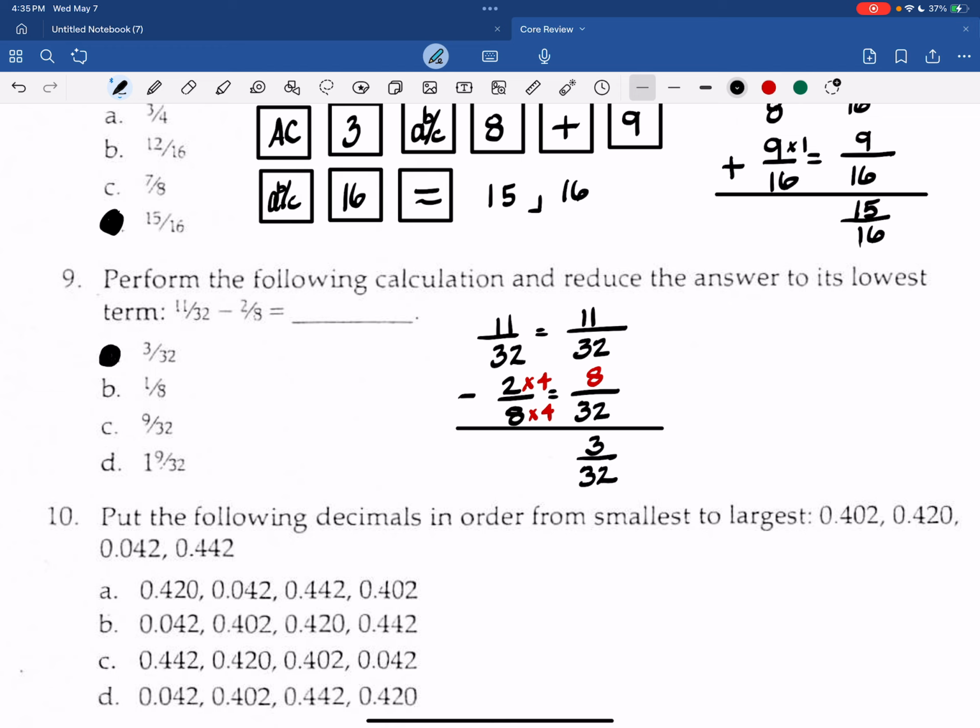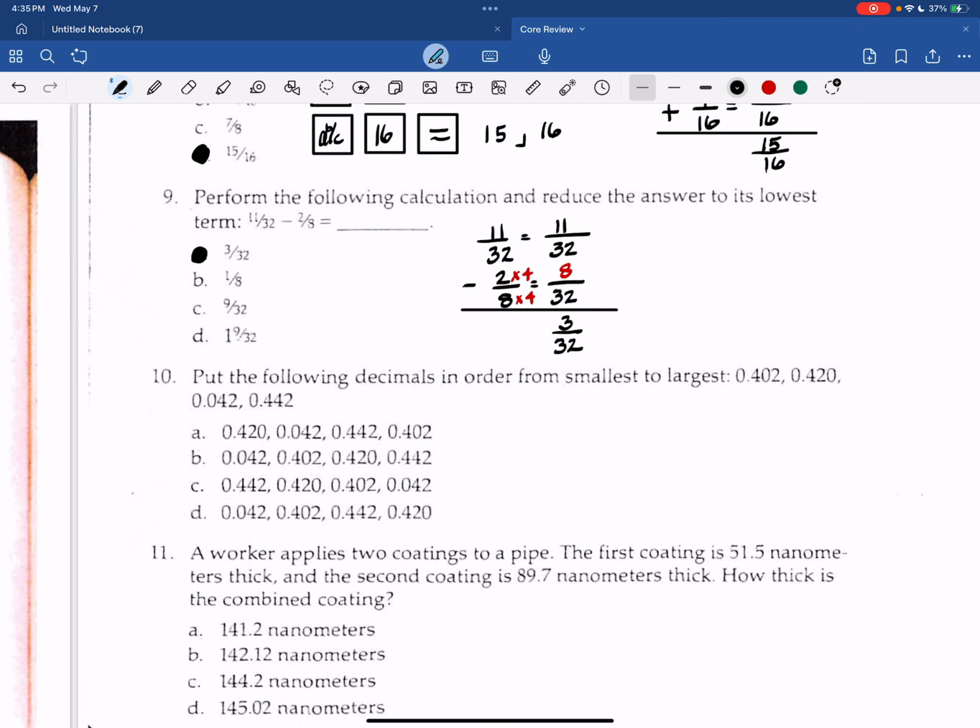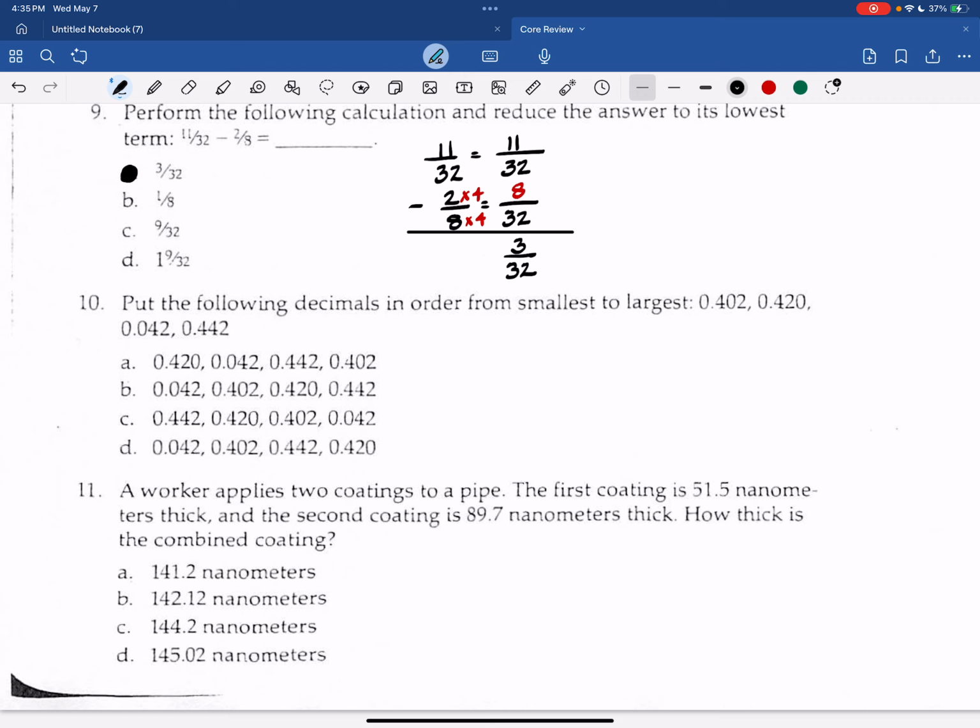So I like A as in alpha. Number 10, put the following decimals in order from smallest to largest. Be sure you know the direction you're going. So I'm going to write these and line them up on the decimal point.